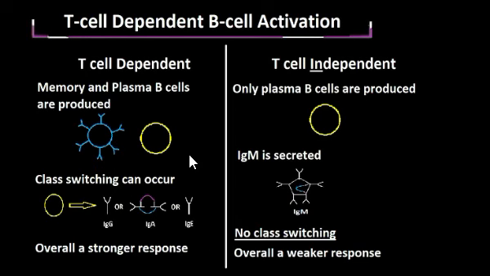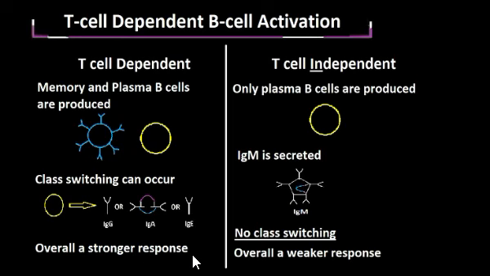Recall that memory B cells allow you to be able to fight off the pathogen by mounting a larger and a quicker, more effective immune response against the pathogen the second time your immune system encounters it. Thus, you have a stronger immune response.